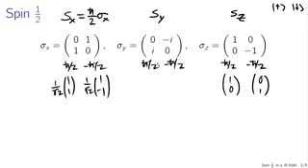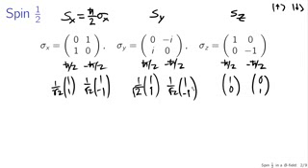For the y component of spin angular momentum, we get something that looks somewhat similar: 1 over root 2 times (1, i) for one, and 1 over root 2 times (1, -i) for the other. So we have (1, 1), (1, -1), (1, i), (1, -i), and then (1, 0) and (0, 1).